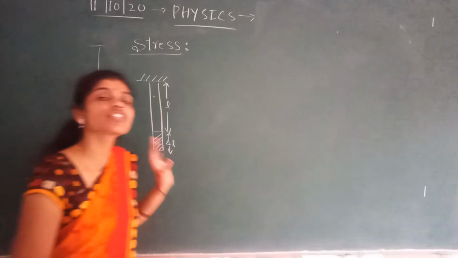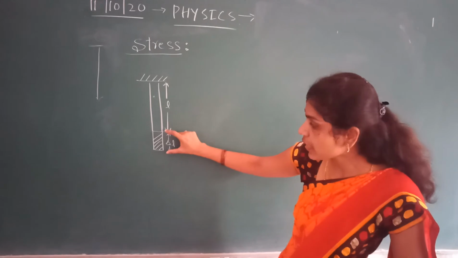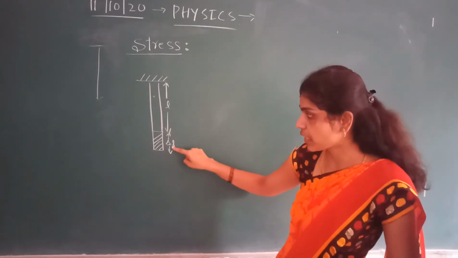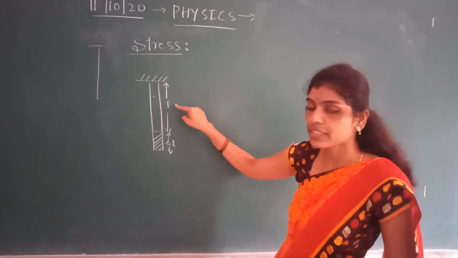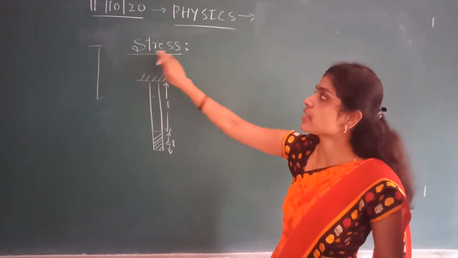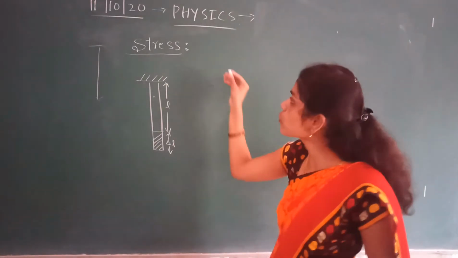Deformation is nothing but a change in size or shape of any object. Here, the increase in length of the object is represented by delta L, where L is the original length of the object. So how do we define stress?